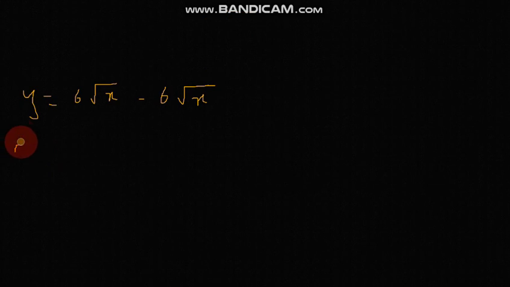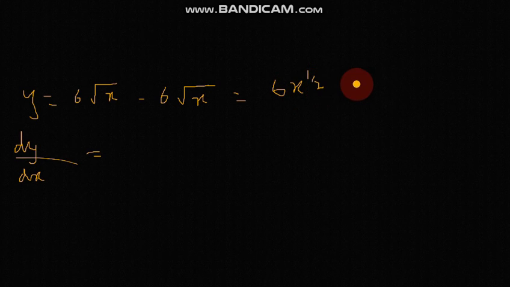Okay, so let's start. So dy over dx is equal to, okay, first of all let me write it simply like 6x with power 1 over 2 minus 6x with power 1 over 2, so you guys can understand it more easily.